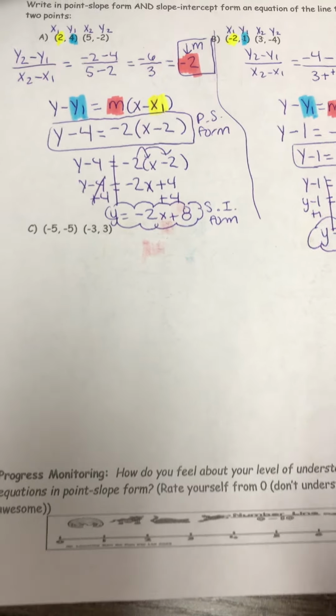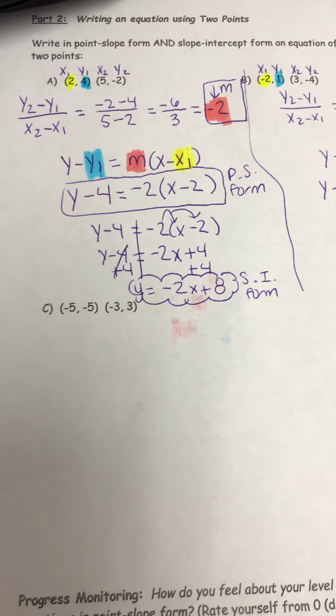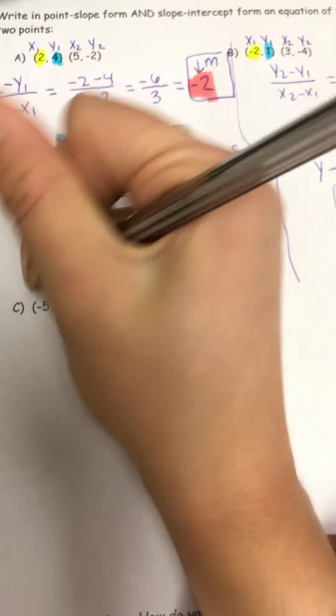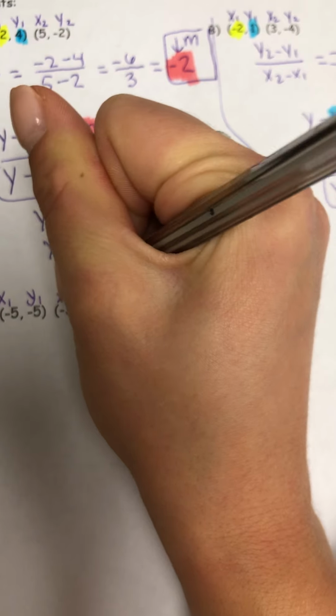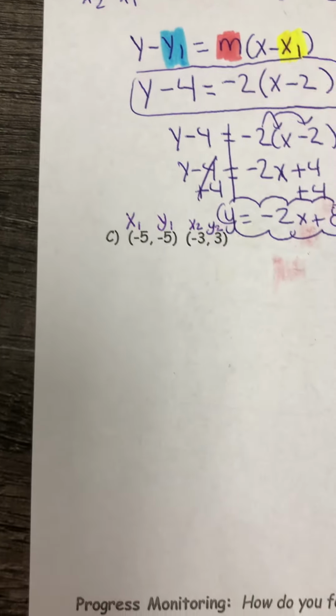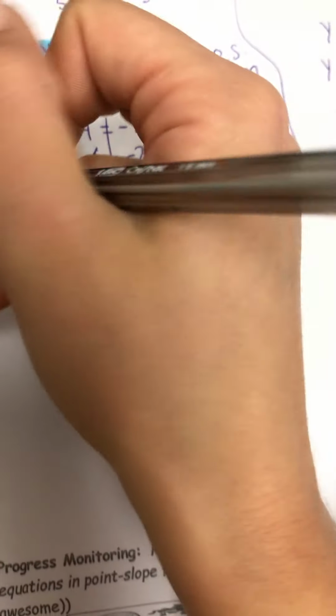Okay. Moving on, last one, I have -5, -5, and then -3, 3. First things first, I'm going to label x1, y1, x2, y2. And before I can do anything after that, I do need to find my slope.